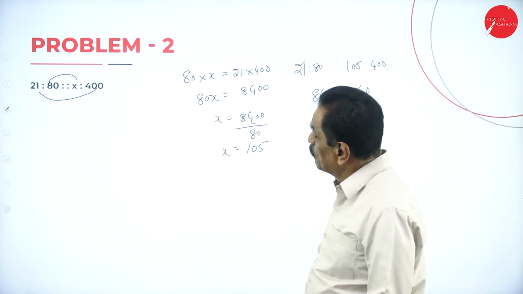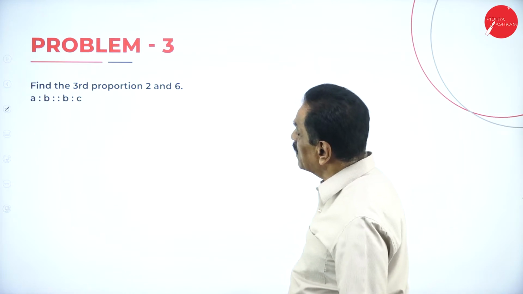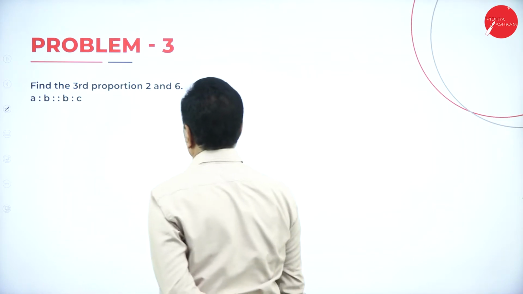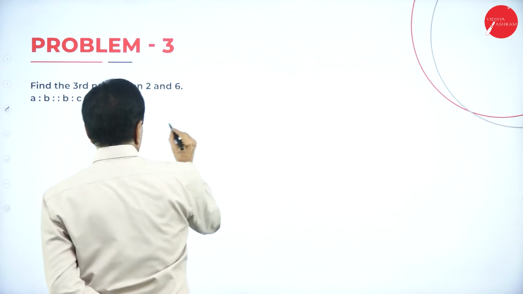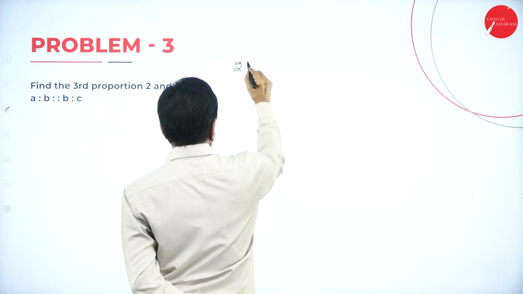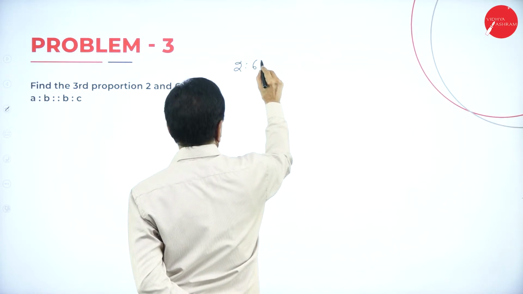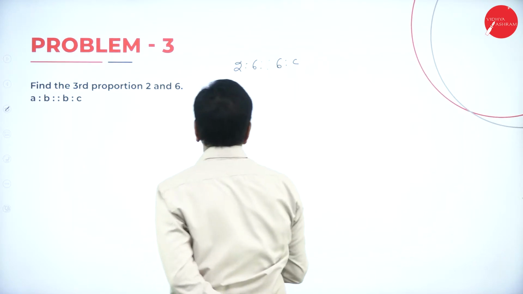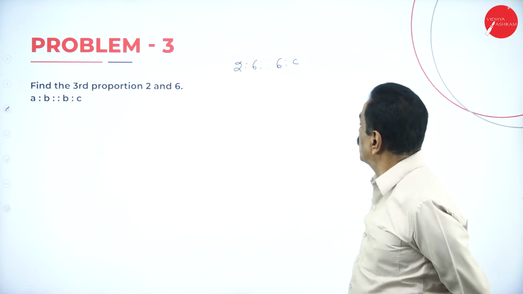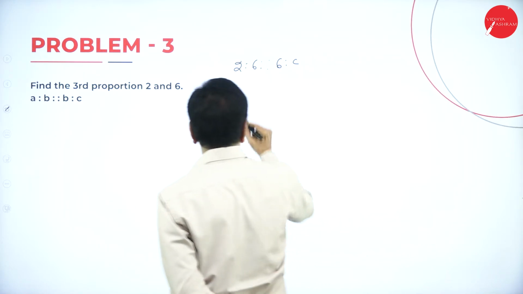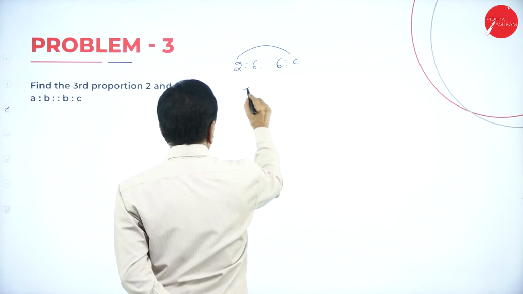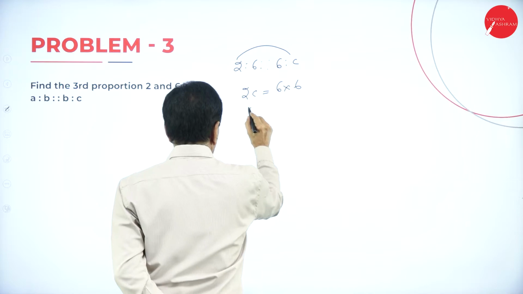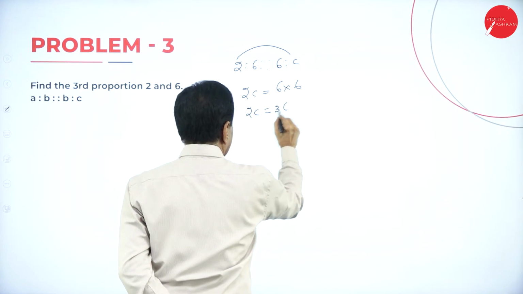Then we move on. Find the third proportion. A is to B, B is to C. What's your A? 2. This is 2 is to 6, what's your B value? 6 is to C. 2 is to 6, 6 is to C. First and last: 2C is equal to 6 into 6. 2C is equal to 36.